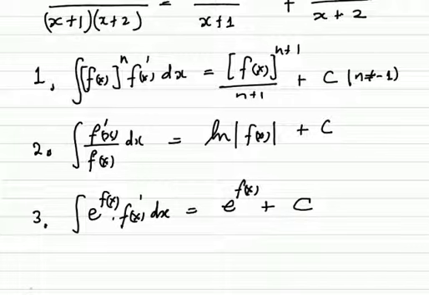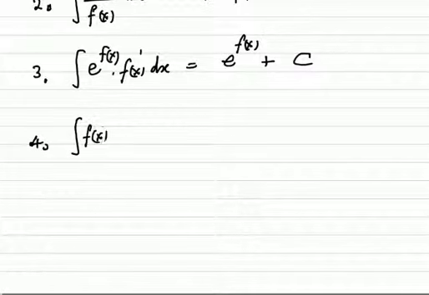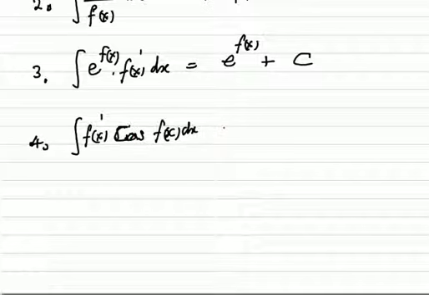Then thirdly, we'll come to trig functions. For example, if we have sine, you've got f prime of x times cosine f of x dx.